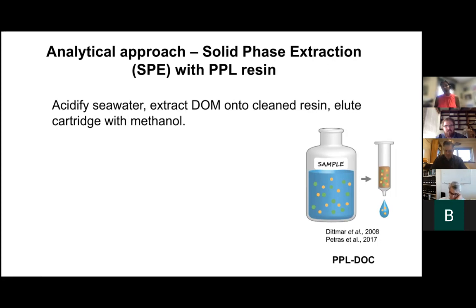In our typical method, you acidify seawater to pH 2, you extract it onto a resin, in this case a resin we call PPL, which is very broadly used in the community. Then you elute the compounds that stick on the cartridge with methanol, and that allows you to separate it from the salts in seawater.